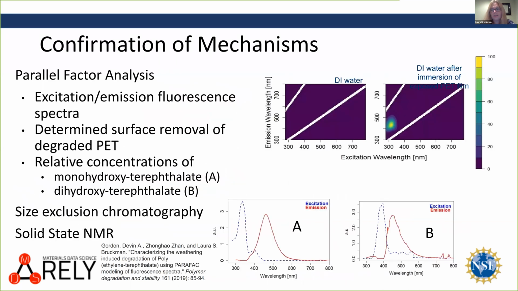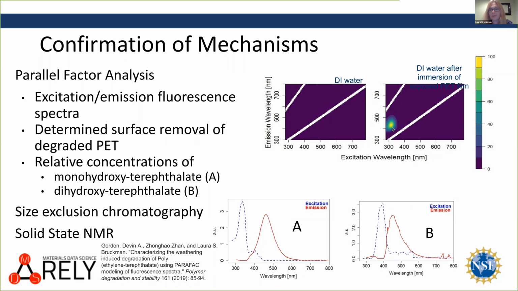So what we wanted to do is this confirmation. We wanted to confirm that that was actually happening. So we used excitation emission fluorescence spectra and then did parallel factor analysis on it. And we took water and took a spectra, and obviously there's nothing fluorescing in DI water, but then the DI water, when we immersed that PET film, started fluorescing.